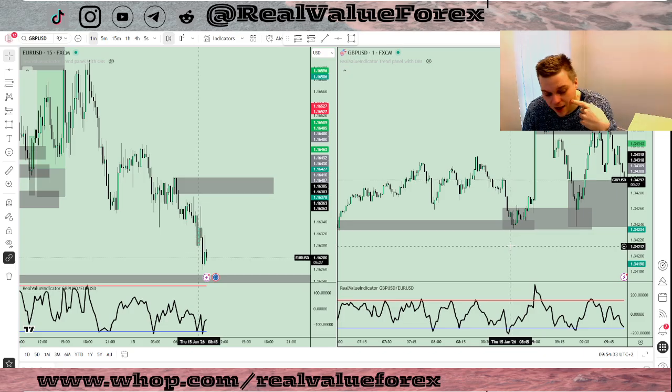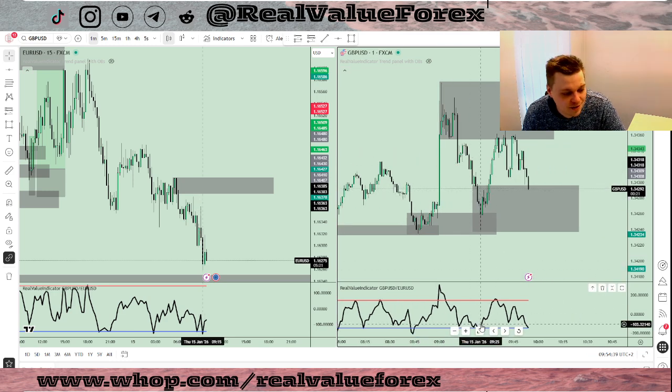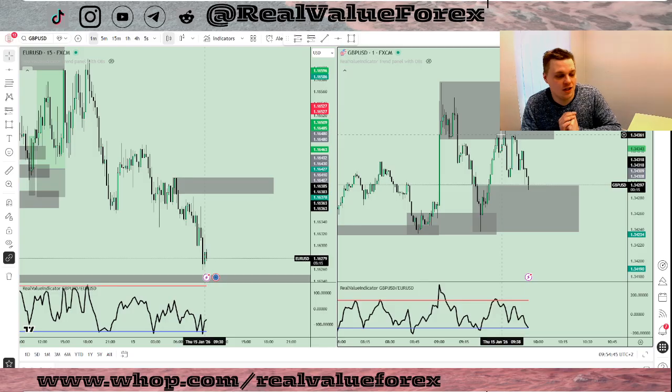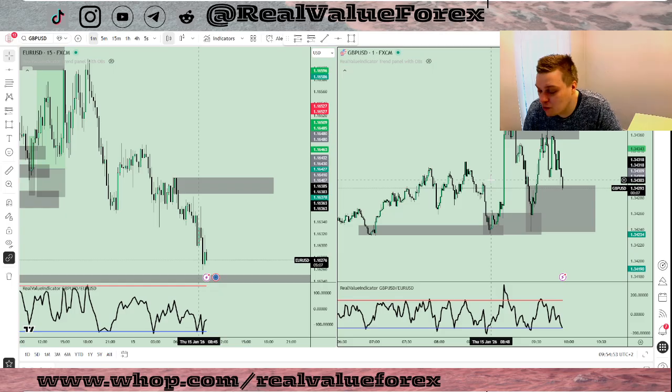Actually we had the signal here, so the 5-minute order block worked out. We had the signal here, so the 5-minute order block worked out, and we had a sell signal here, so the 5-minute worked out. So potentially, if you started trading around 1 hour ago, there would have been 3 take profits, but it's provisional.